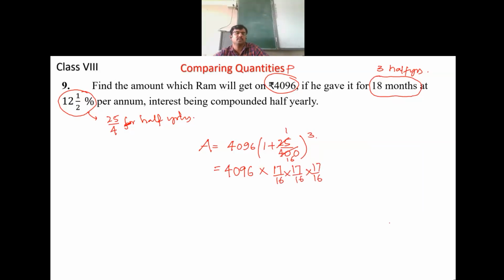A very difficult calculation. Sir, 4096 is somewhere in the table of 16 cube. We can simplify. 16 into 16 is 256. Multiply this with another 16, we get 4096. Correct. So this will get cancelled with 4096.